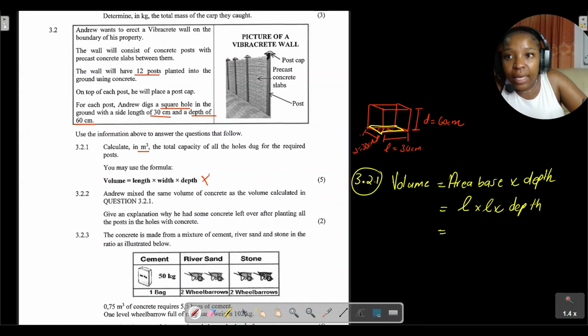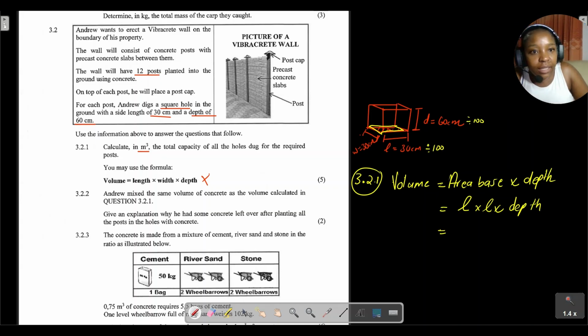So if you take that 30 centimeters, you divide by 100, we're going to get our answer. 60 divided by 100 is equal to 0.60 meters. 30 divided by 100 is 0.30 meters. So that means that also the width is just 0.30 meters.